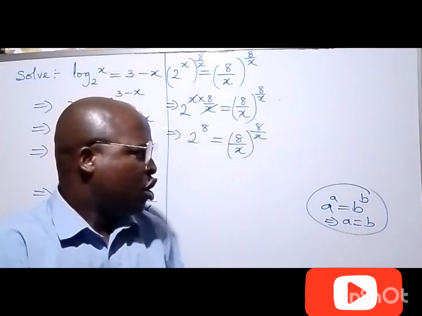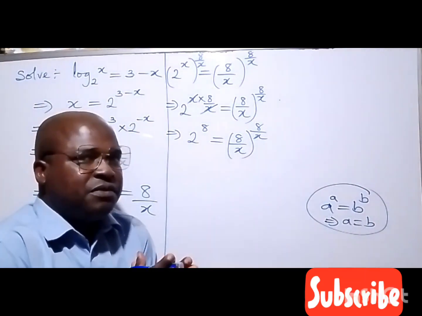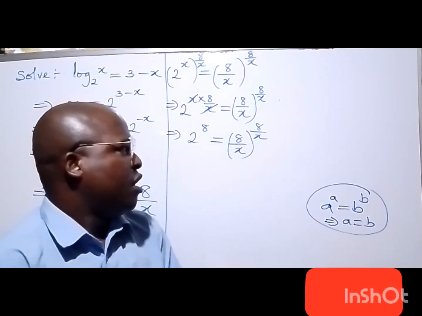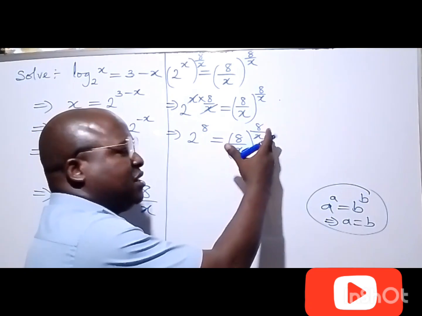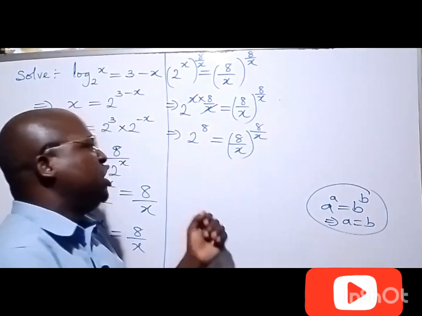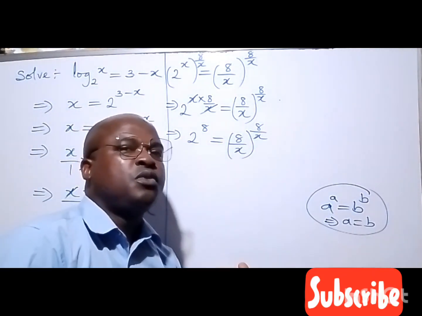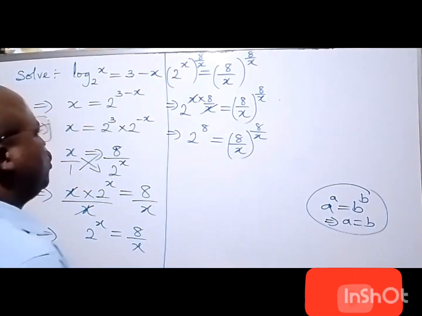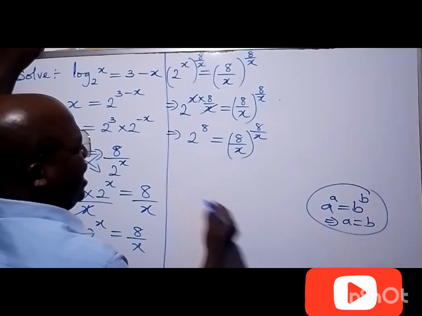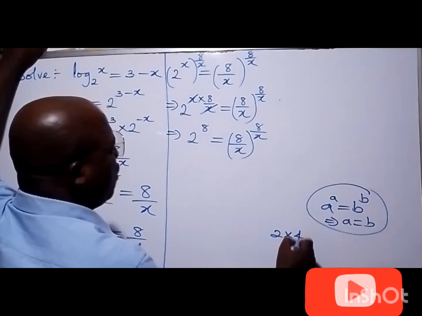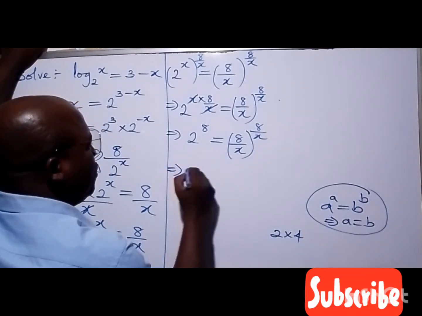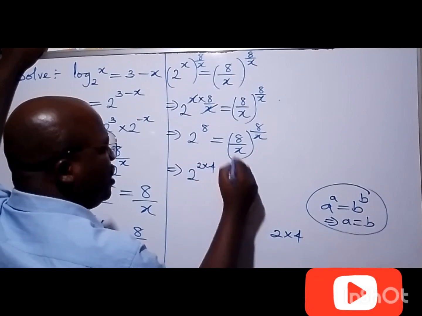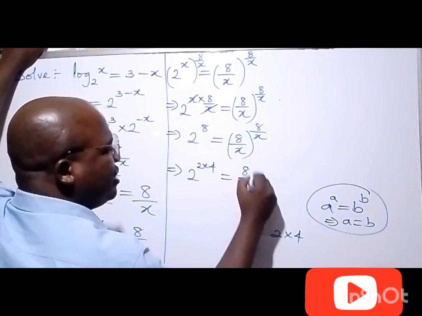Don't forget, we want to make the base and the power on each side the same. We already have that on the right hand side. So we need to make the left hand side the same too, as in the base and the power. Looking at this 8 here, 8 is 2 times 4. That means I can have 2 raised to power 2 times 4 is equal to 8 over x.